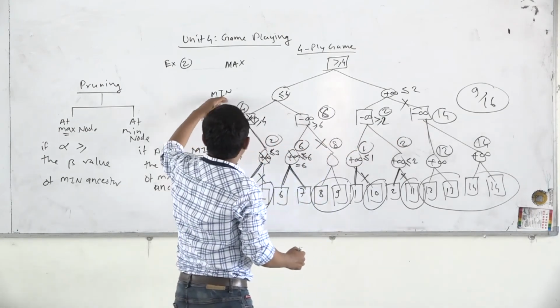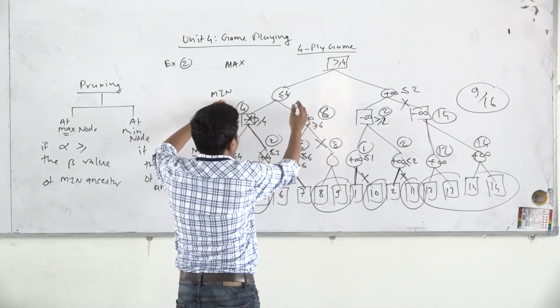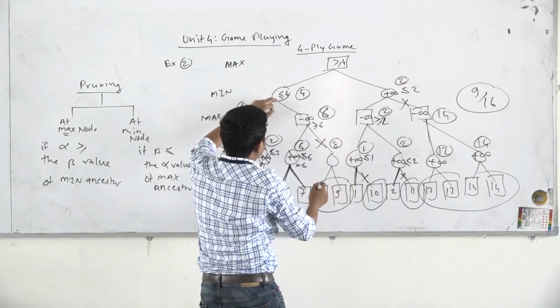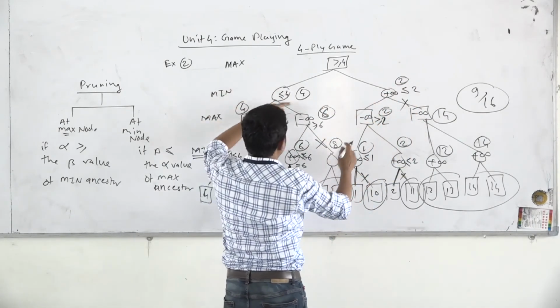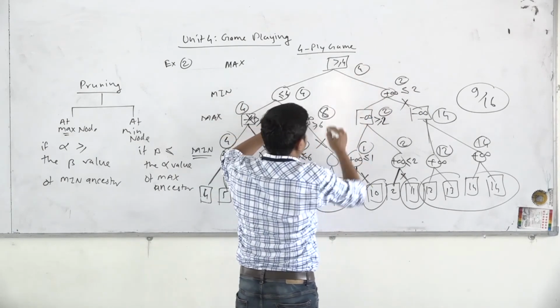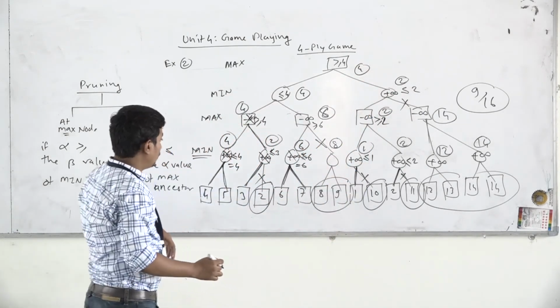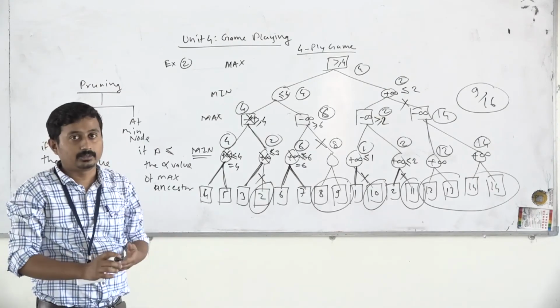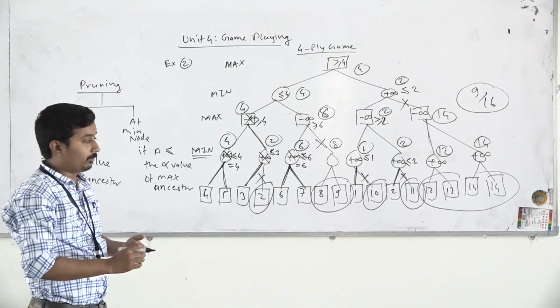Then with minimum, the minimum of this is 4 and the minimum of this is 2. Then the maximizing node gives the maximum of 4 and 2, that is 4. Which is correct, right? So both algorithms give the same result. You can always cross check your answer by applying the Minimax algorithm very quickly.